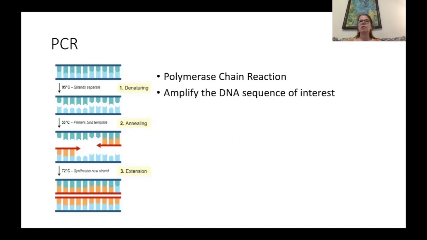And there's a number of reasons why we choose that gene. One is that it has this unique combination of areas of conservation. So you can actually design primers that will pretty much amplify the ribosomal RNA gene from almost every organism.